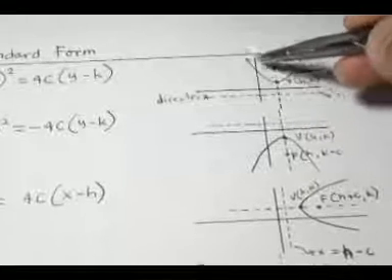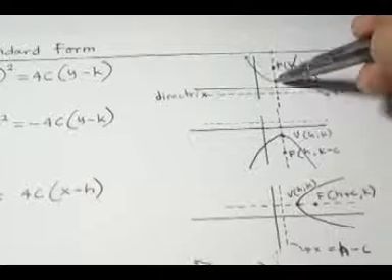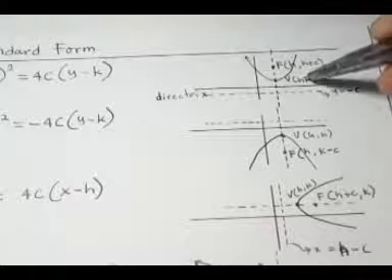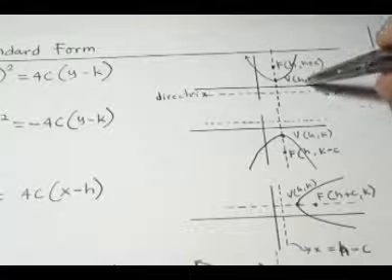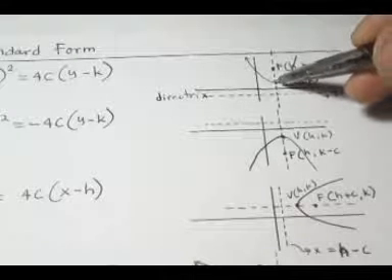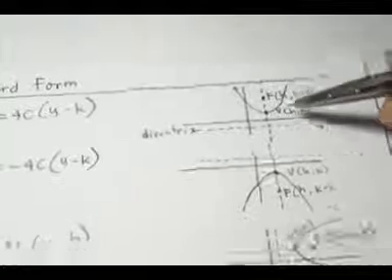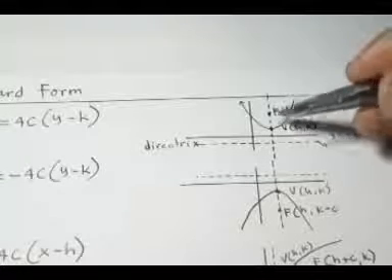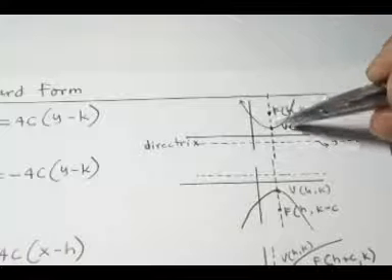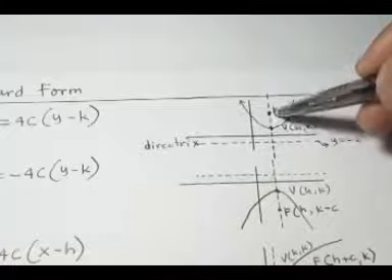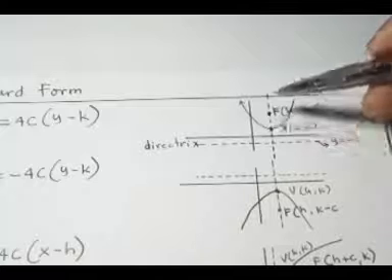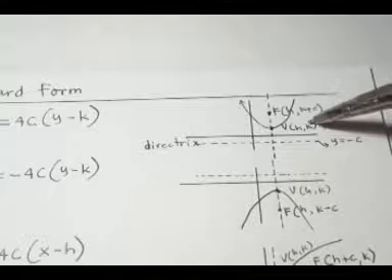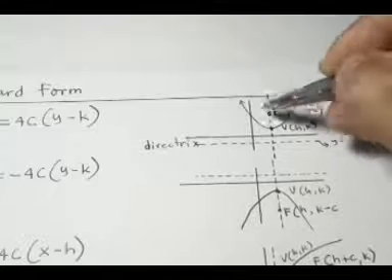If it is open upward and the vertex has coordinates (h, k), and its focus has a distance upward of c units, so this is its y coordinate, k plus c. This distance is c.